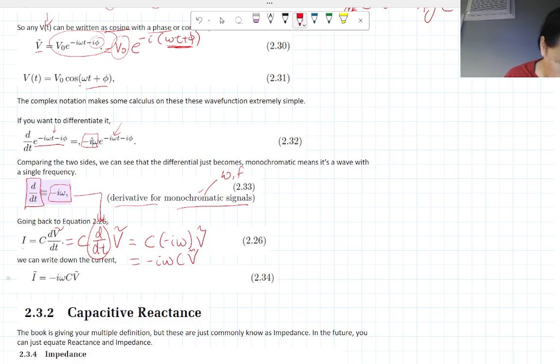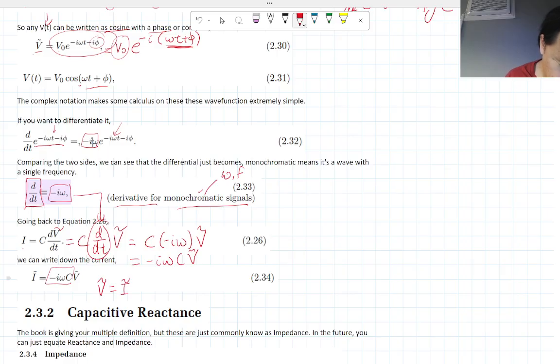So we can see that I equals some factor, which in the case where we're dealing with just one frequency is a constant, because omega is a constant and capacitance is constant. I'm going to write it like this, so it may even look more familiar.